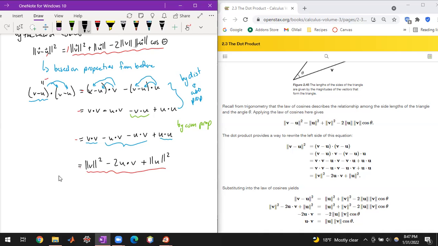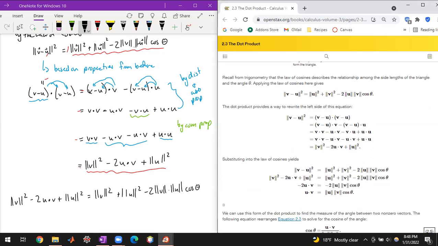So that we said was equal to this expression down here at the bottom. So the magnitude of v squared minus 2u dotted with v plus the magnitude of u quantity squared is equal to what's on the right-hand side way up top here. That gives us the magnitude of v squared plus the magnitude of u squared, minus 2 times the magnitude of v times the magnitude of u times cosine of the angle between them.